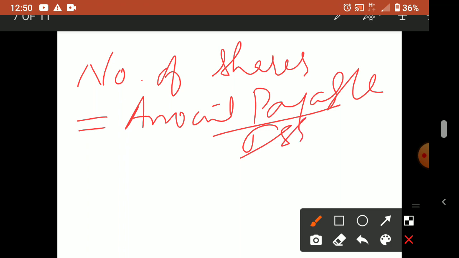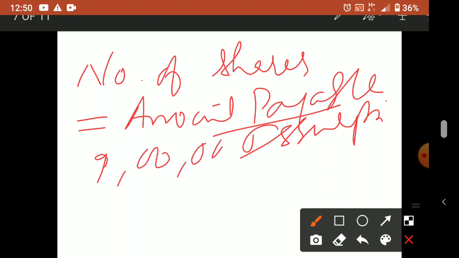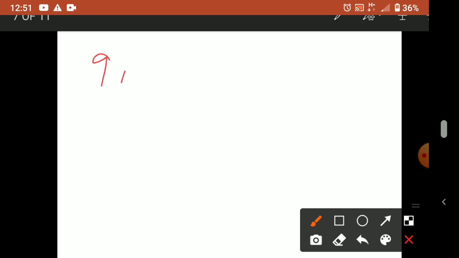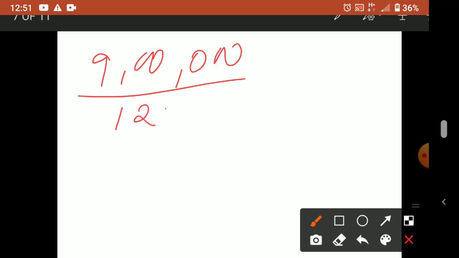Okay, so this is the equation, remember. Amount payable is 9 lakh, divided by issue price, which is 10 plus 25% premium. That means 25 percent of 10, so 2.5 will come. Once again I'll write: 9 lakh amount payable divided by issue price 12.5.